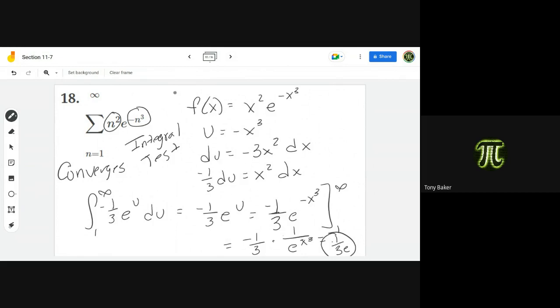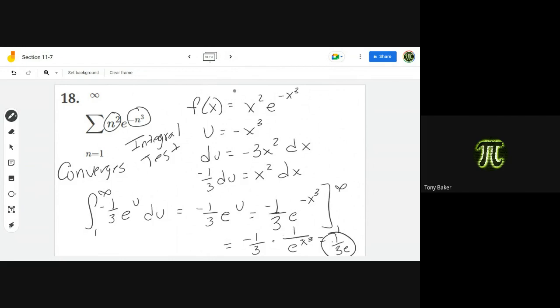I'm going to be pretty lenient on the decreasing part because you could go through and do the derivative on it. But for the most part, they're going to be decreasing, because if they're increasing, then it fails the test for divergence and we're done. So in this case, it's decreasing.